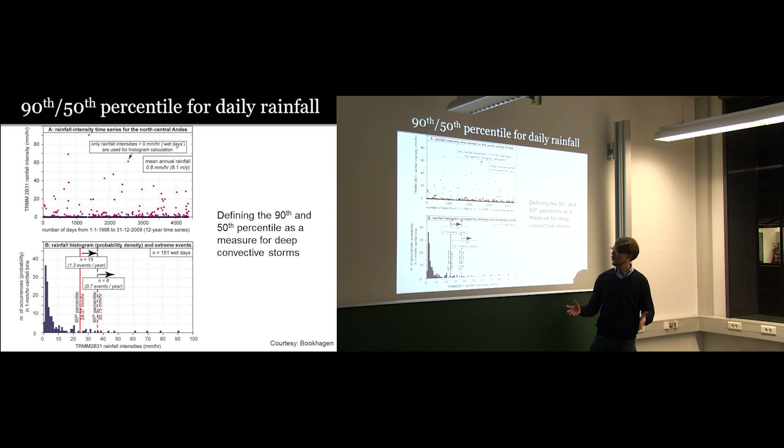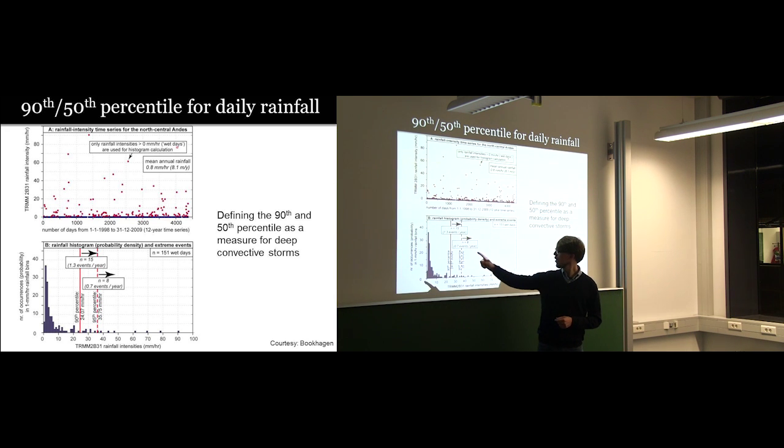So if you plot this as a histogram, shown here in the lower part, you can see that there are a lot of small events occurring that have very little rainfall intensities, expressed in millimeters per hour. However, then you have these very large events that produce a lot of rainfall.